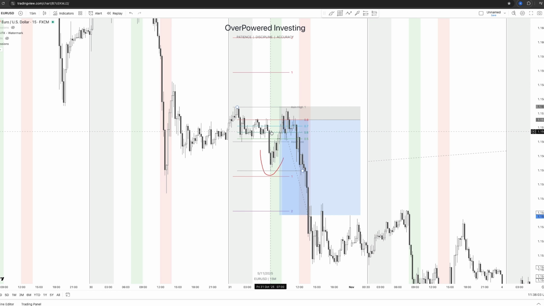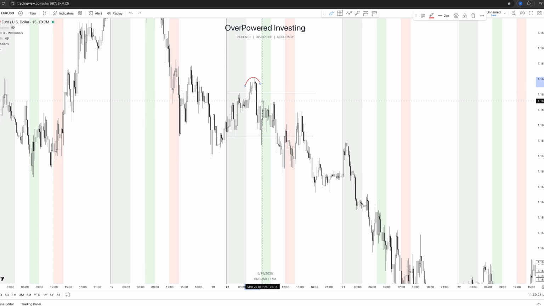Let's cover a couple more examples. Here's another example, and it is a little bit more interesting than the previous one. Let's draw the high and the low of the price action and mark up our Asian range. First, as you can see, the price is breaking to the upside. We are getting a confirmed breakout, but the most interesting part is that we are doing that before the London session.